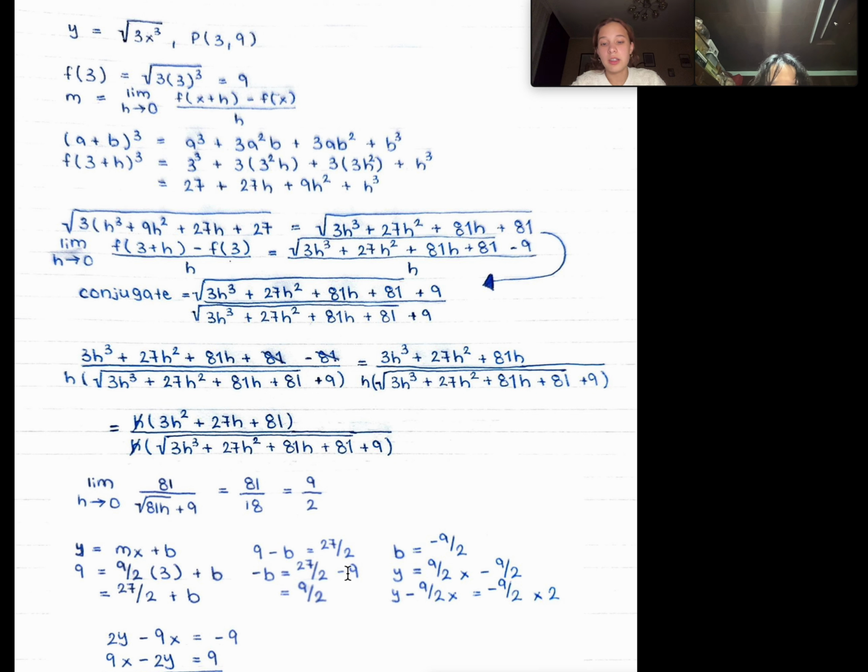So 9 minus 27/2 equals b. We calculate this, find the whole denominator and the total, and b will be equal to minus 9/2. And basically, this is our b value, and y is equal to 9/2 x minus 9/2.